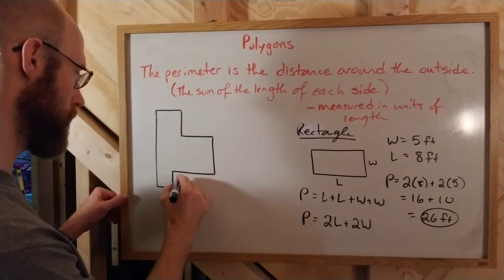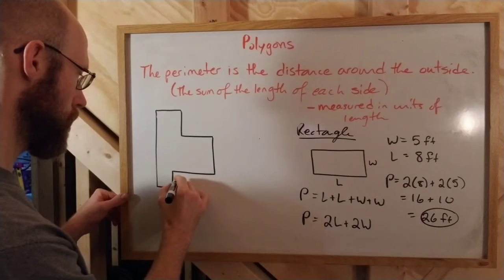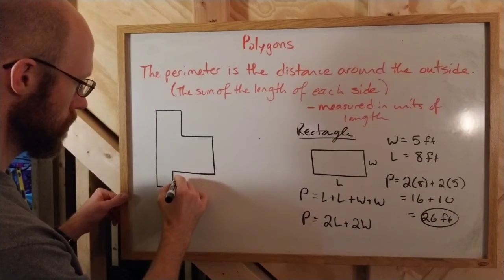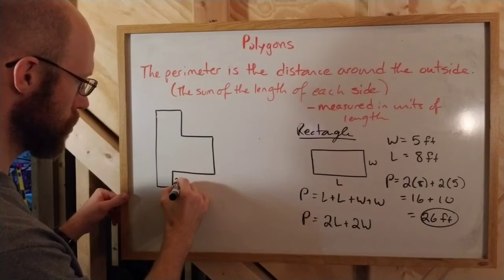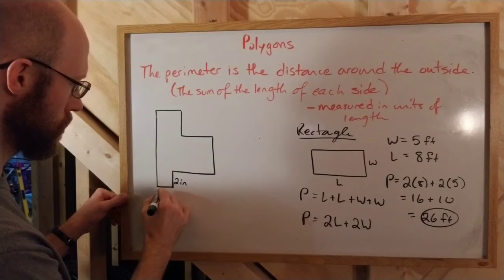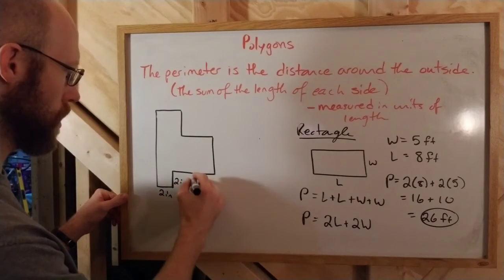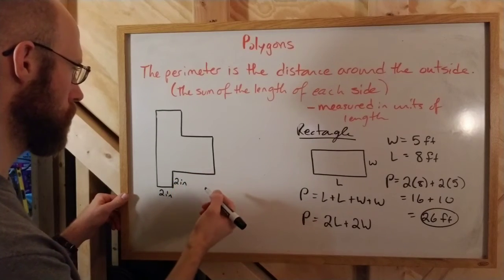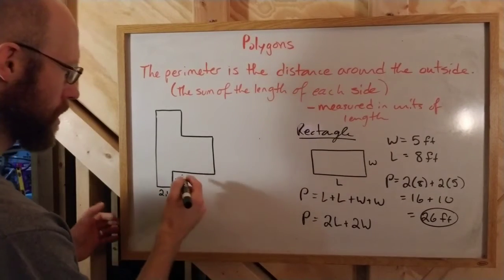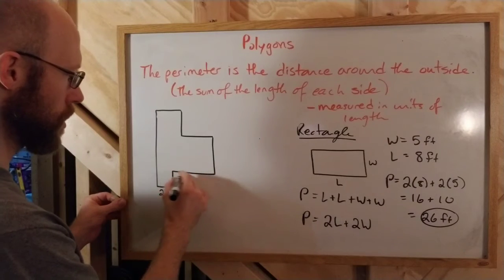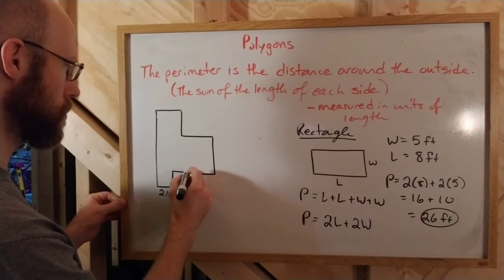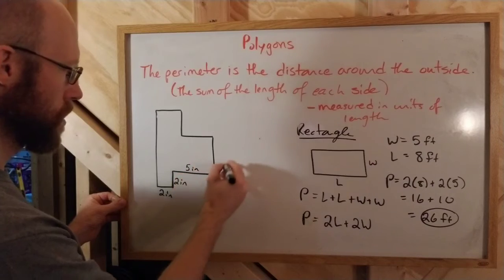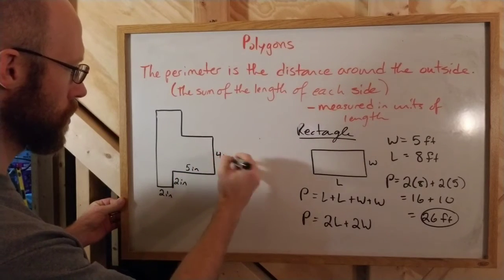Let's throw some values on here. Maybe this is, I don't know, 2 inches. And this is 2 inches down here. I do have to know most of the sides, but we might be able to get by without knowing all of them. Maybe this long one here is 5 inches, and this one is 4.